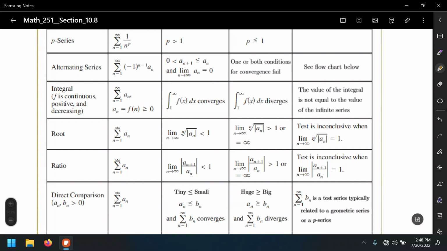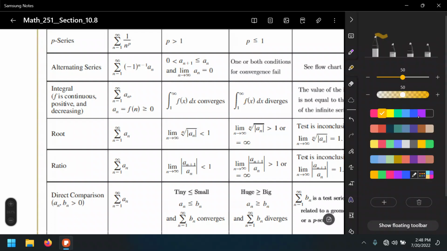However, we cannot just use the integral test like that. Number one, we need to make sure that the function that represents the series is continuous, is positive, and most importantly is decreasing. If one of these three conditions fails to be met, then you cannot use the integral test.